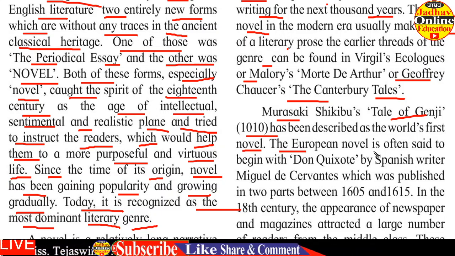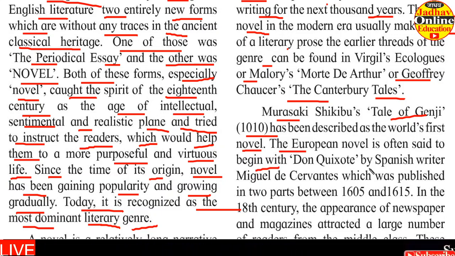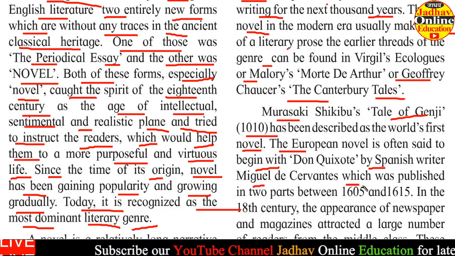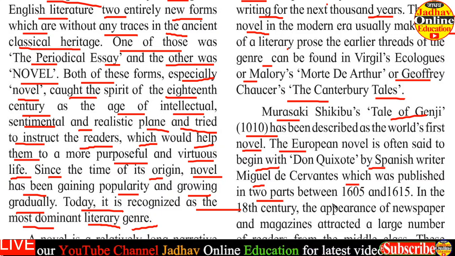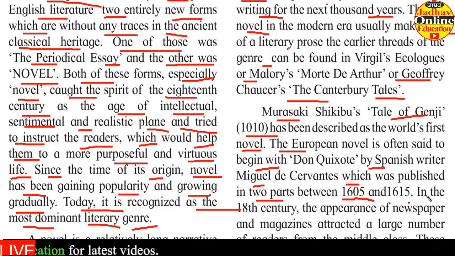The European novel is often said to begin with Don Quixote by the Spanish writer Miguel de Cervantes, which was published in two parts between 1605 and 1615.